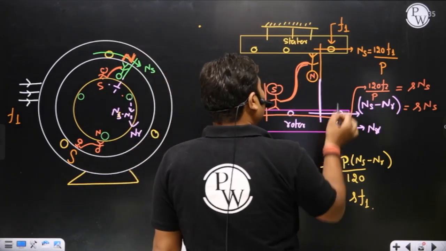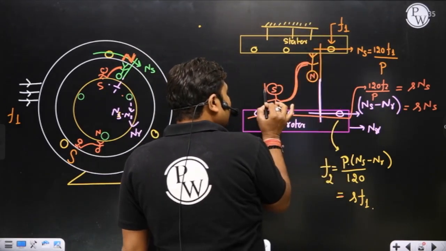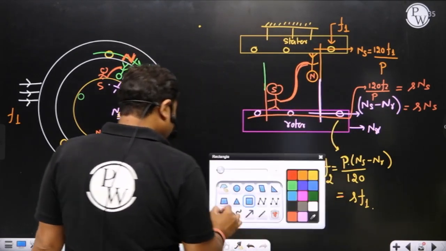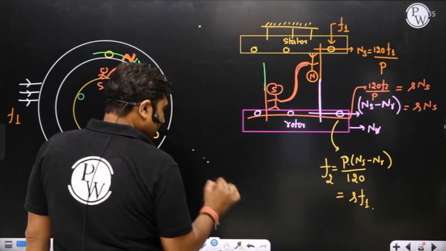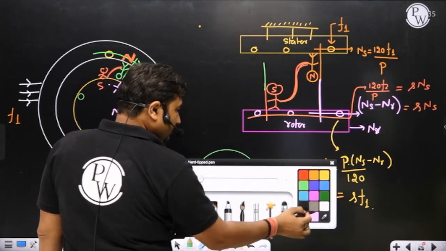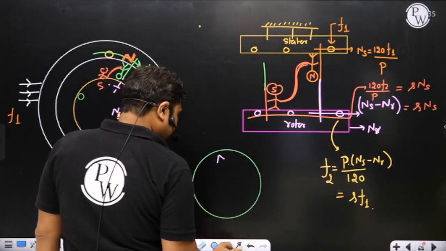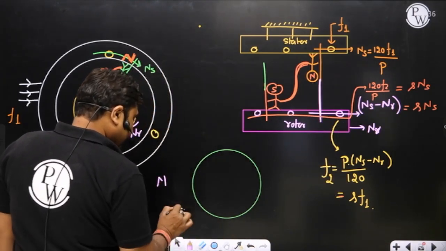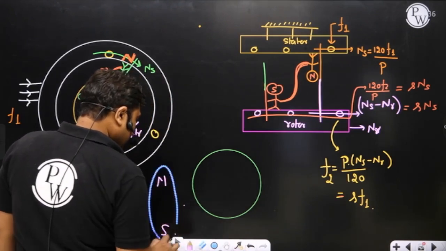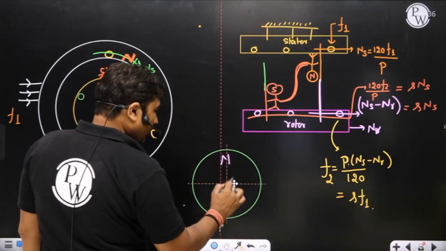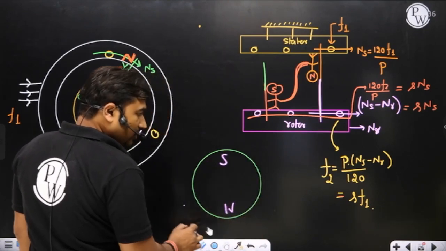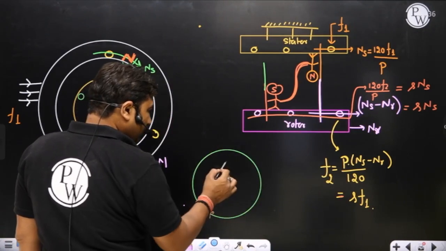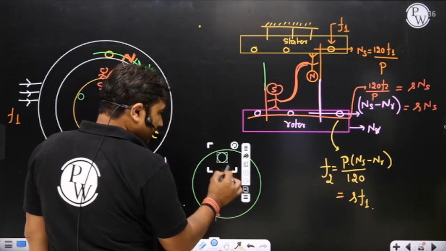Even if you want to observe from the stator, the rotor field is rotating onto the rotor body. This is your rotor field, which is rotating onto the rotor body. The rotor body is stationary. Please try to understand.